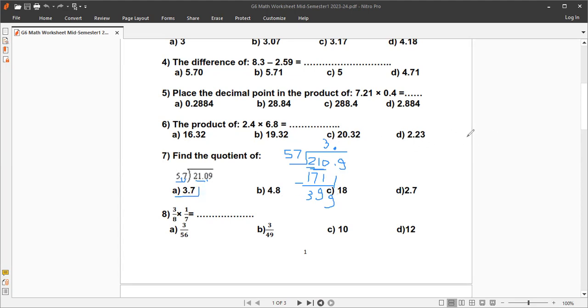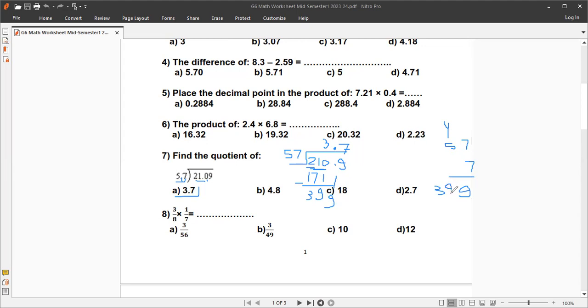So I try 7. I try 7, 399. How many 57 in it? Let me try 57 multiply 7. I'm trying 7 here, but I'm not sure till now. 7 times 7, 49. 7 times 5 equals 35 plus 4, 39.